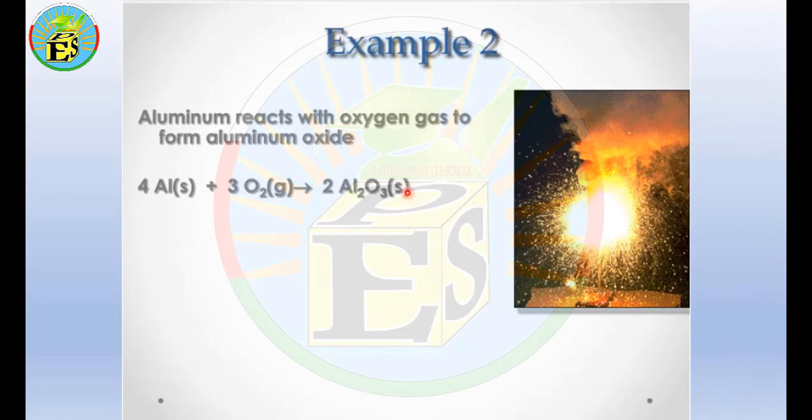Aluminum reacts with oxygen gas to form aluminum oxide: 4Al plus 3O2 gives 2Al2O3. This notation means solid and this is a gas, and we have at least one solid compound.